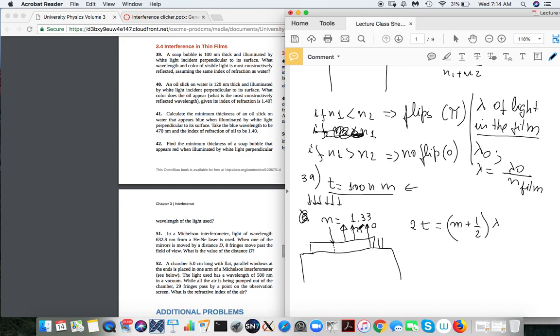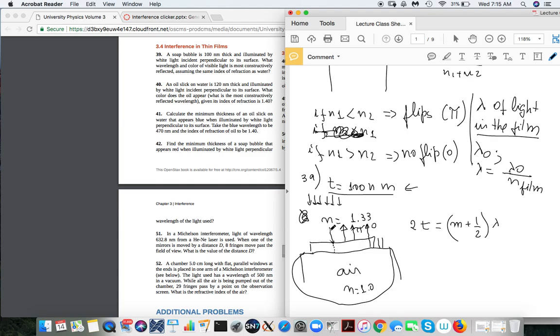Well, because it flipped on the first, but not on the second. Because it's a soap bubble. So this is air. In the second you have a light ray that comes from index of refraction 1.33 and goes back to index of refraction 1. So it does not flip, right? Does that make sense?